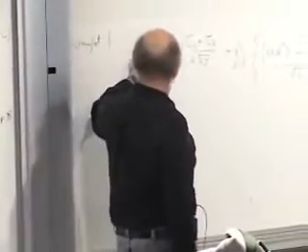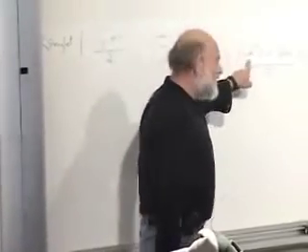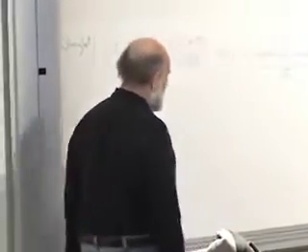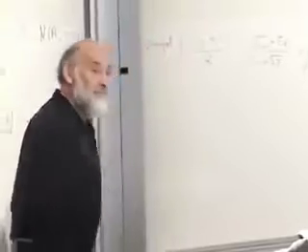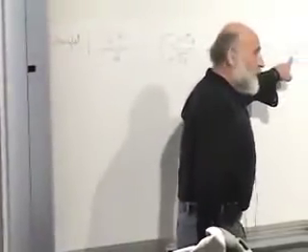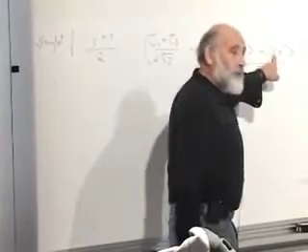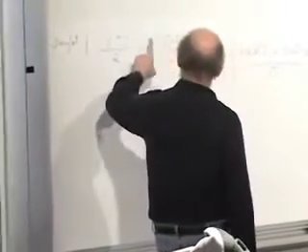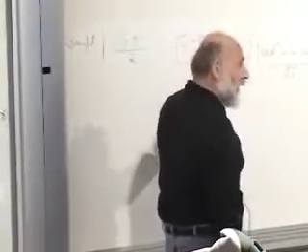First of all, what does sigma 3 plus 1 do to this over here? It just throws this away. Why? Because in this state here, the first spin is down, but this is the projection operator onto the first spin being up.